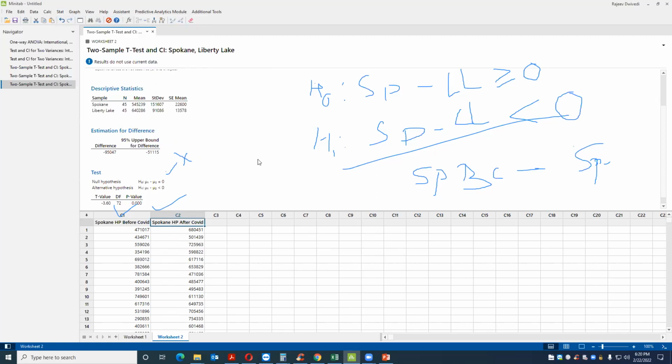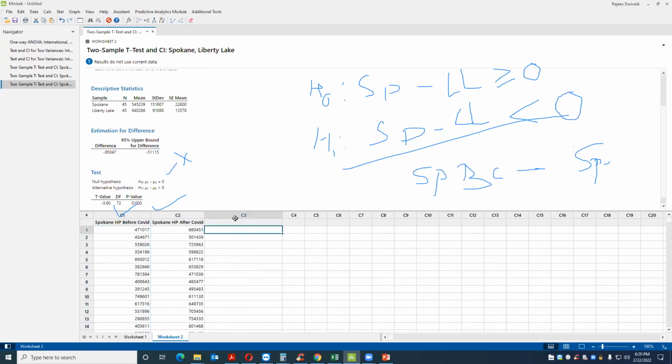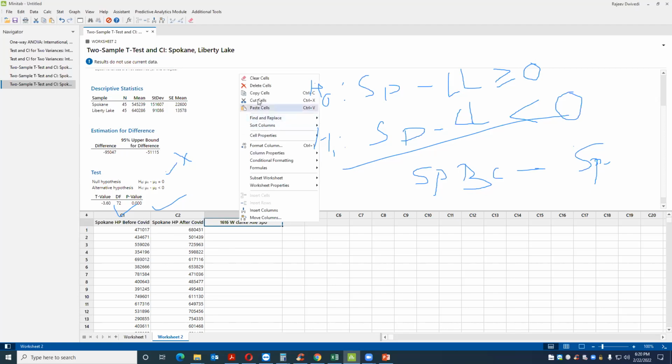Because I'm not measuring the same houses, I have to create the same houses for the same housing prices. Let's say house number 1616 West Clark Avenue. So for example, if this is a house, I have to do this.